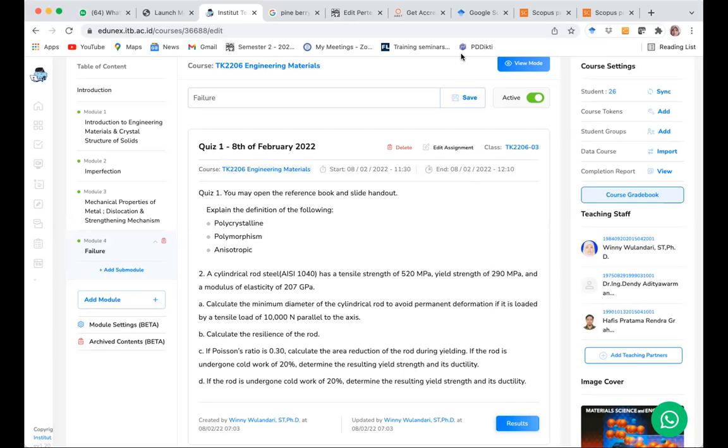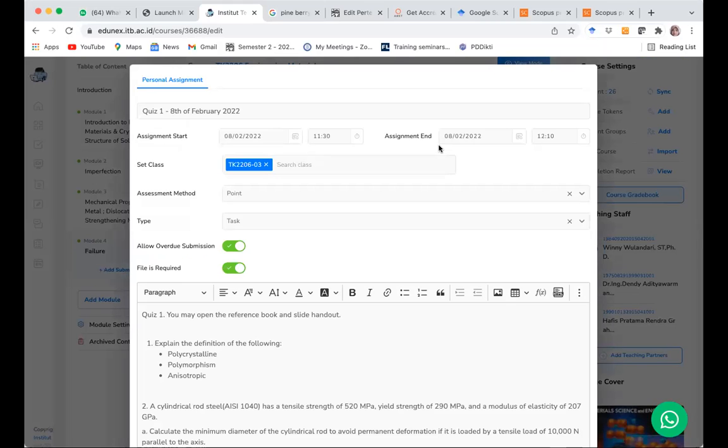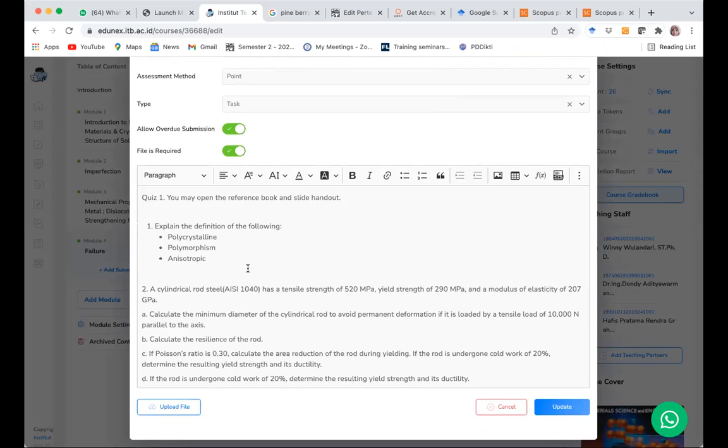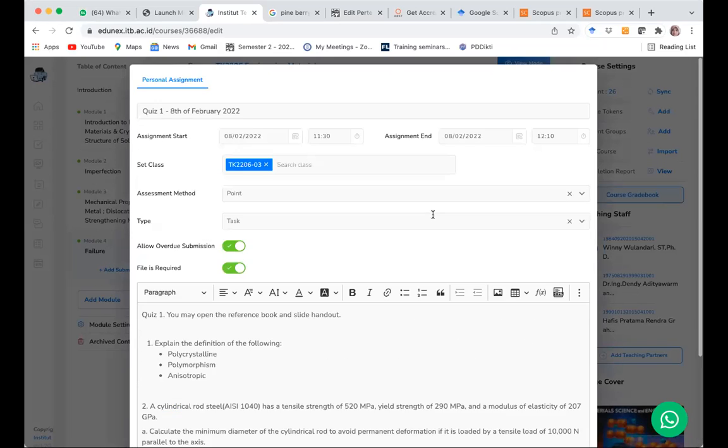I think you can just send me, or MS Teams. MS Teams is much better, so at least I can read it in my spare time. I have set the assignment so that it is checked up to 12:10, but overdue submission is allowed. If you have overdue submission like 5 or 10 minutes, that's fine. You need to submit the required file as PDF, and I think that should be fine.